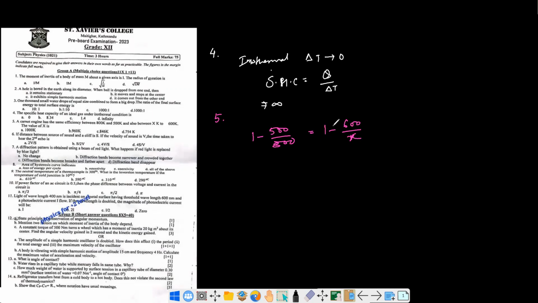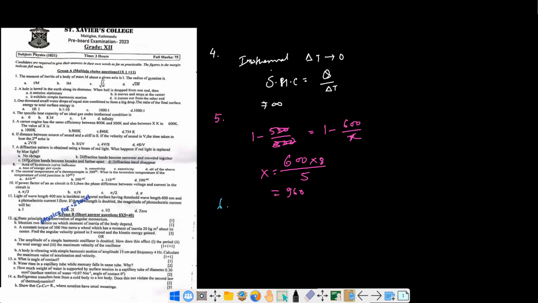Okay, so 1 minus 1 minus will cancel out, so this is your 0, 0 will cancel out, so 600 into 8 divided by 5, 600 into 8 divided by 5 is going to be your x, and I believe this is your 960 around. So okay, yeah, this is 960 Kelvin. Okay, furthermore, question number 6.